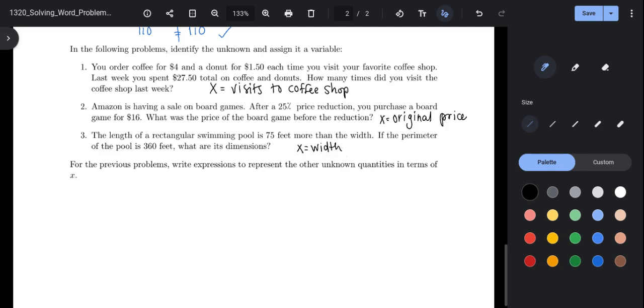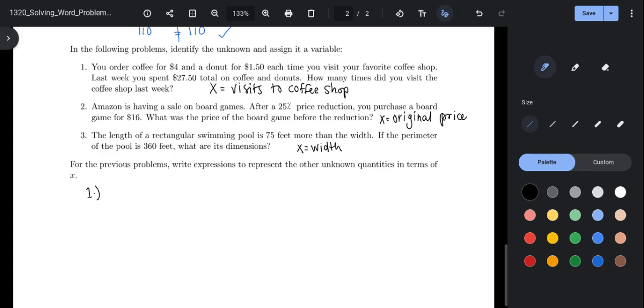Now, in this next part, we need to write our expressions to represent the other unknown quantities in terms of our x that we just determined. So for number 1, we know that we get a coffee and a donut each visit, and we know how much each of those cost. So we can put that in terms of x.